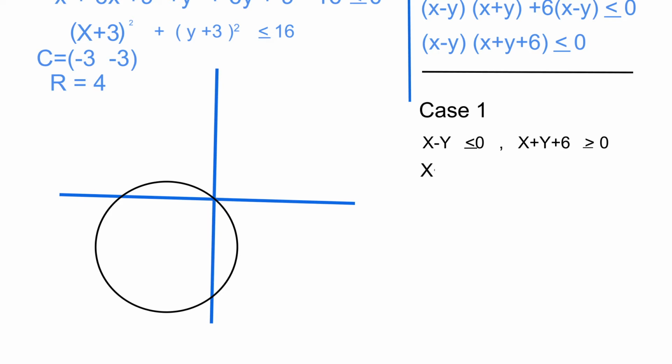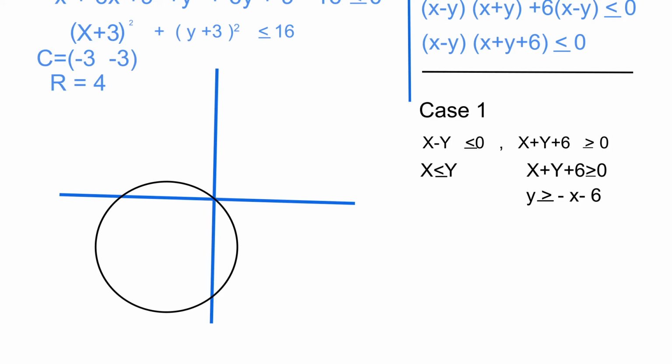Okay, so that means that x is less than or equal to y, and x plus y plus 6 is greater than 0. We can isolate for one variable here. Let's isolate for y. y is greater than minus x minus 6.